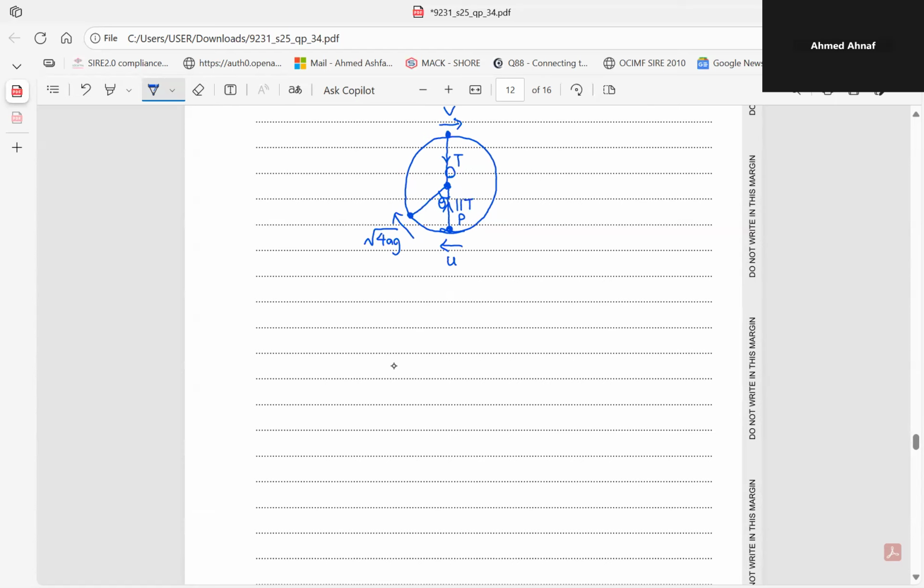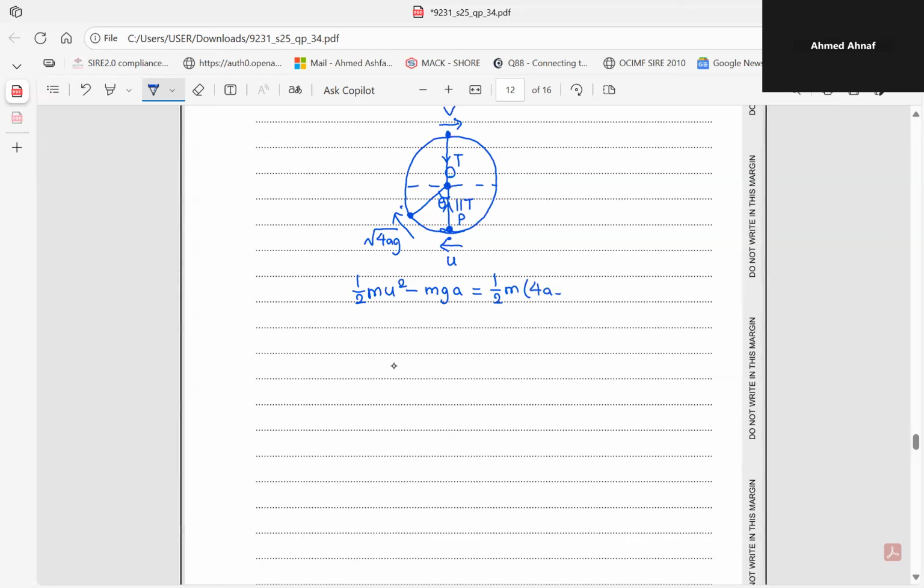So now we're going to make an equation in terms of the energy change from the bottom to here. At the bottom, the energy is half mu squared minus mga, because we're taking the GPE with respect to this horizontal line. This equals half m times 4ag, that's just 2mga, minus mga cosine theta.